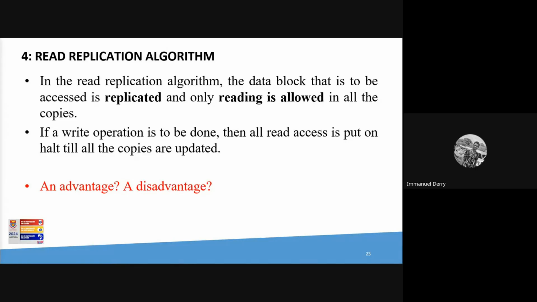So let's say you've shared a Google Docs, for instance, to a client, and now you try to add some document to it. In the process of adding, that's what we call a writing operation. As soon as you begin to write, the read operation is halted for the other person that you sent it to until you finish and update it, and then the person can have the read access to continue reading the information. So that is what the read replica basically does.